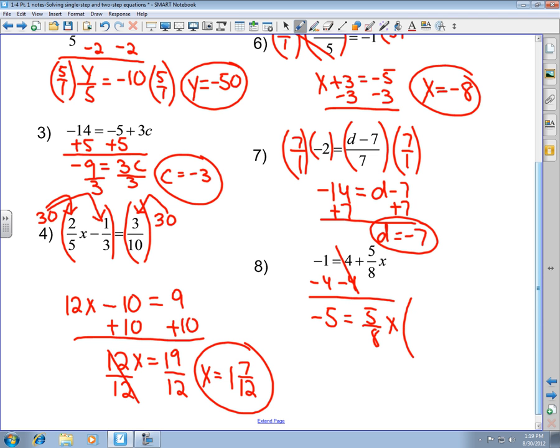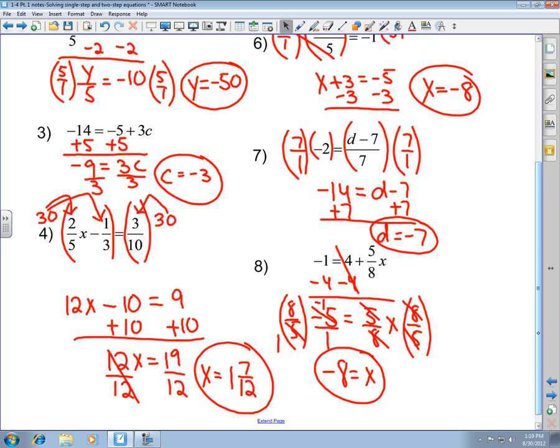I'm going to multiply both sides by its reciprocal. So I'm going to multiply both sides by 8 over 5. Remember, this negative 5 has a denominator of 1. This cross reduces, and that turns into a negative 1. Negative 1 times 8 is 8. This 8 and that 8 cancel, that 5 and that 5 cancel. So I've got negative 8 equals x.